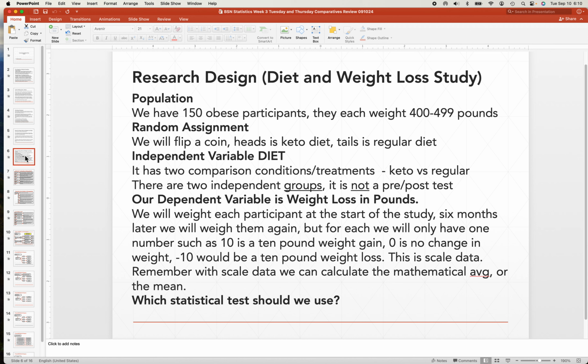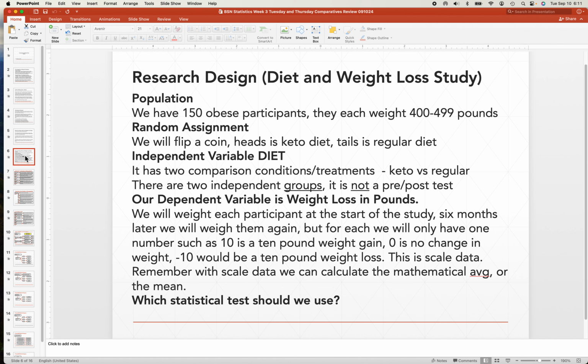As they enter the study, we could actually flip a coin to determine who gets the keto diet and who gets the regular diet. So we'll say 75 of these participants will get the keto diet and 75 will be getting the regular diet.